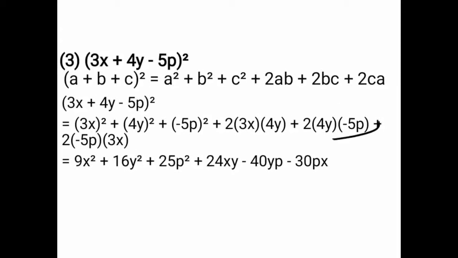Again, plus into minus is minus. 2 5s are 10. 10 3s are 30. 30 into p into x is 30px. Before that I converted the sign, plus and minus become minus. So you get all these unlike terms: 9x square plus 16y square plus 25p square plus 24xy minus 40yp minus 30px.